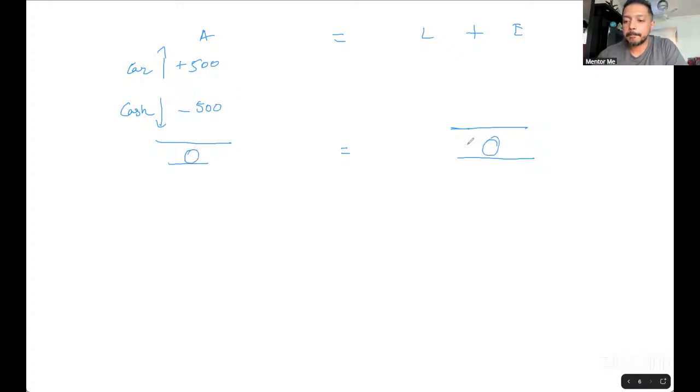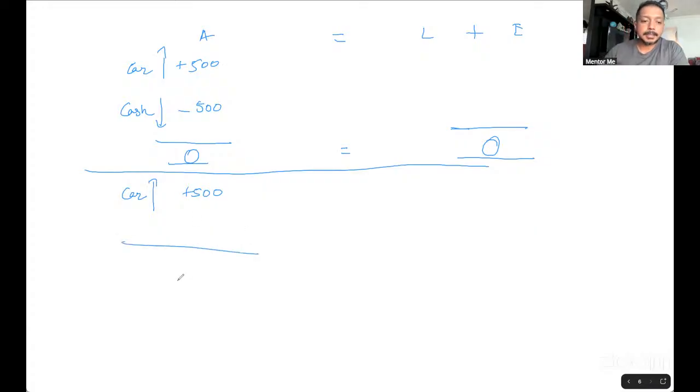Agreed? Now let's say we bought the same car. This is the second discussion I'm doing. Let's say we bought the car again at plus 500, but this time we used debt, so we do not use our cash.